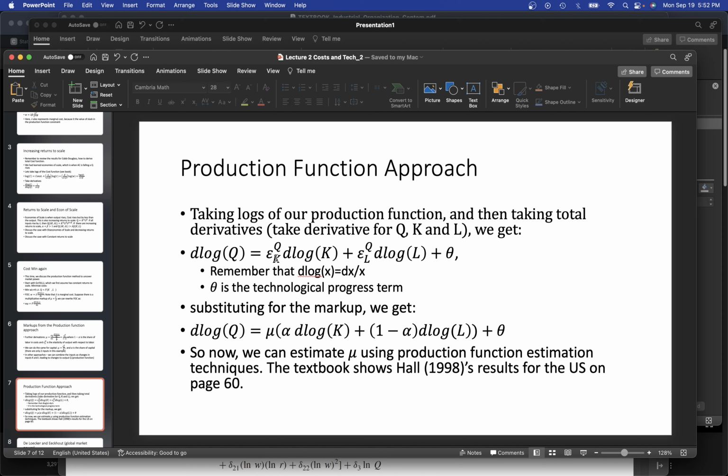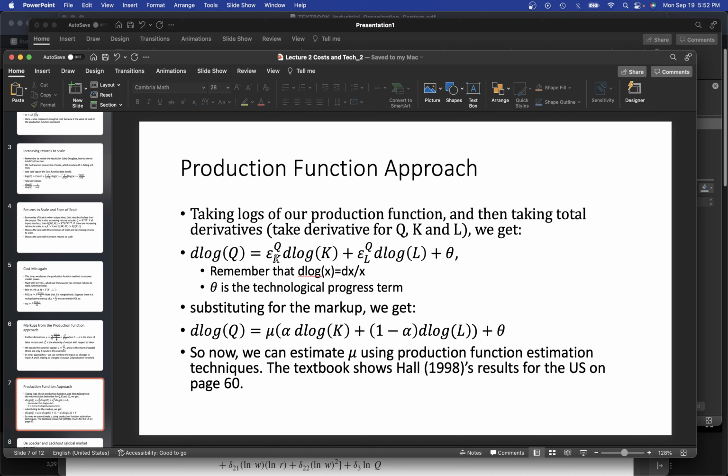Now we can substitute the markup, because recall that the markup is a function of the elasticity of output and the share. So you substitute for the markup, and you get this expression here.